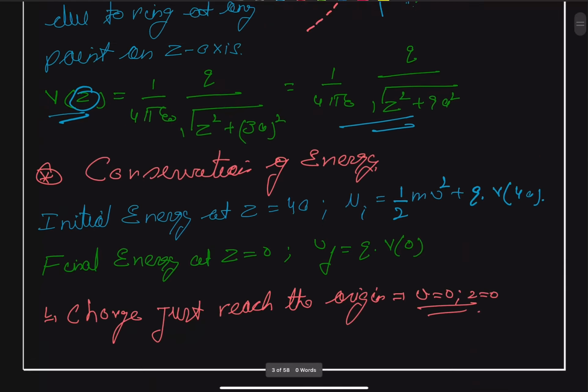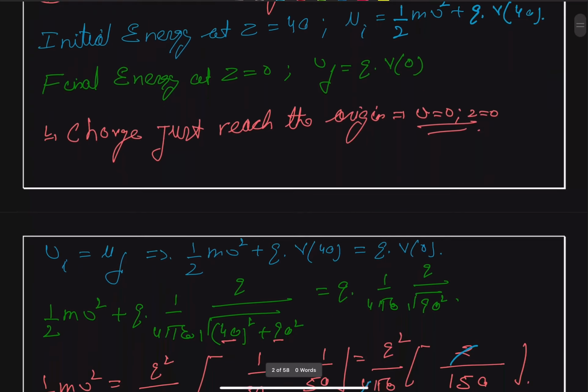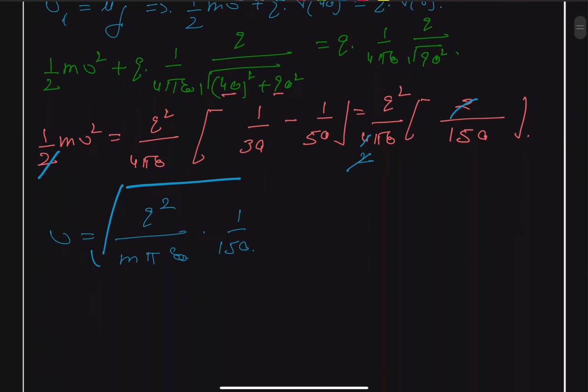Let's see the options which are given to us. Okay, they have not cancelled 4, so we can keep the 4 as it is. So here we have 2, here we have 4, and here we have 2, and therefore we get this as 15, and here will be our 4.